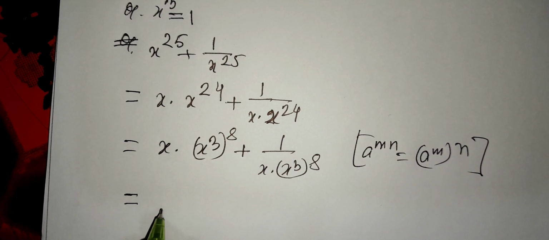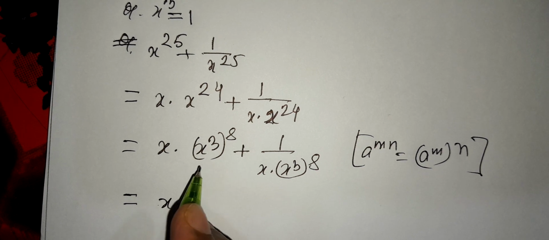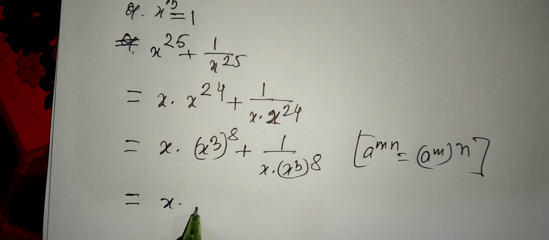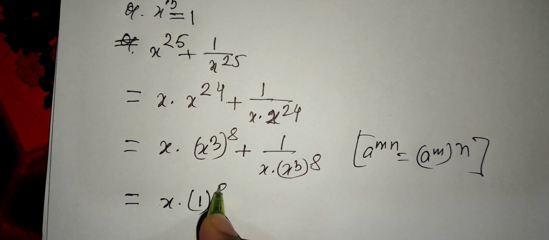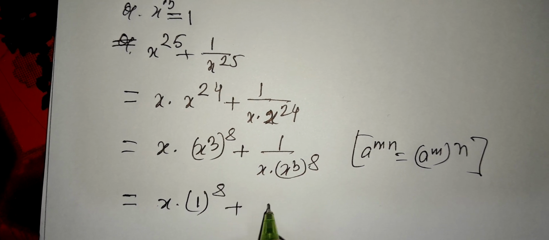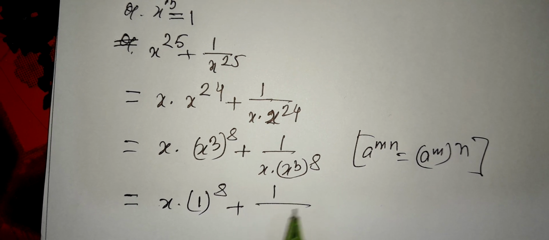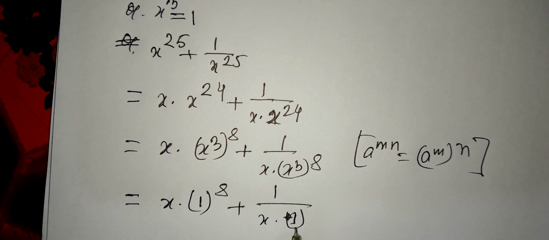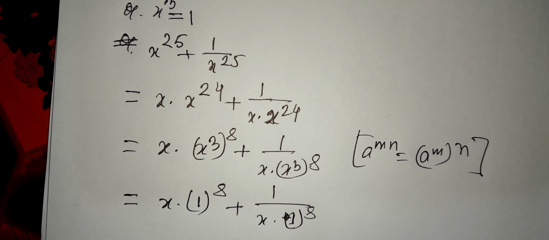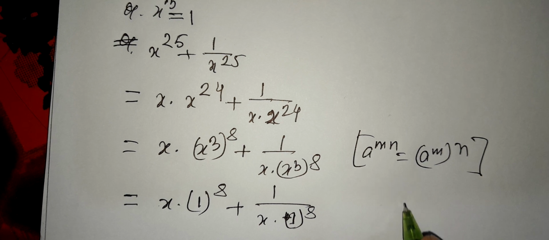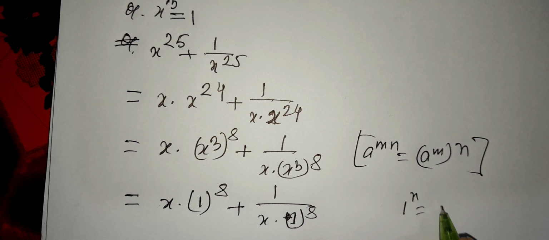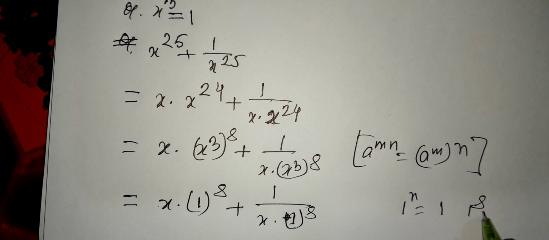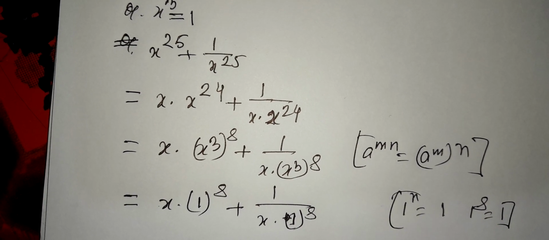We can write x into x cube is equal to 1, so its power 8, and then x to the power 8 equal to, we know 1 to the power n is equal to 1. Here 1 to the power 8 is equal to 1.